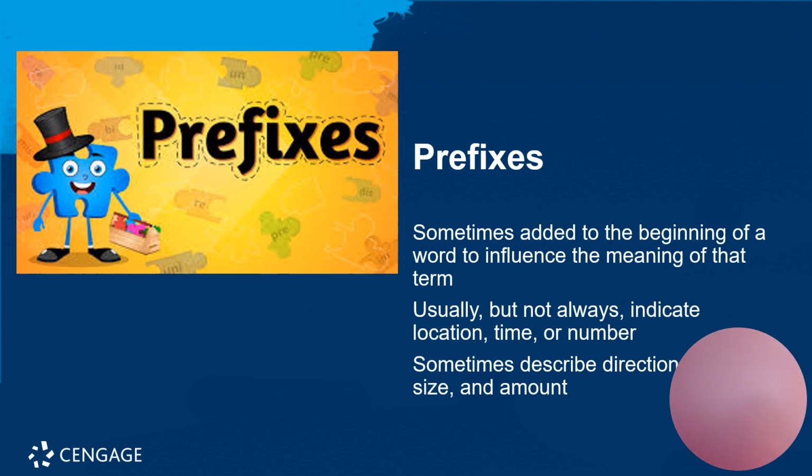Common examples would be AB, which means away from, but AD means toward or in the direction of. Hyper means excessive or increased, while hypo means deficient or decreased. So once again, you have to look at these very carefully to make sure that you're not accidentally misreading them.